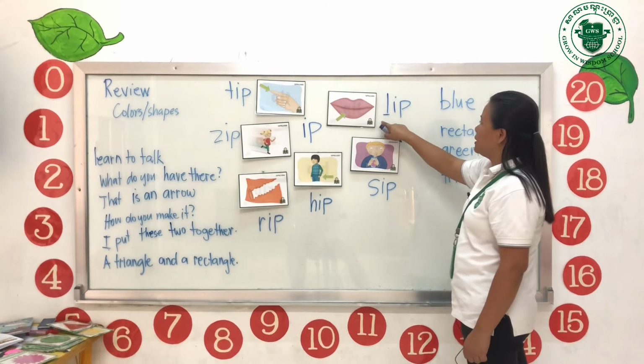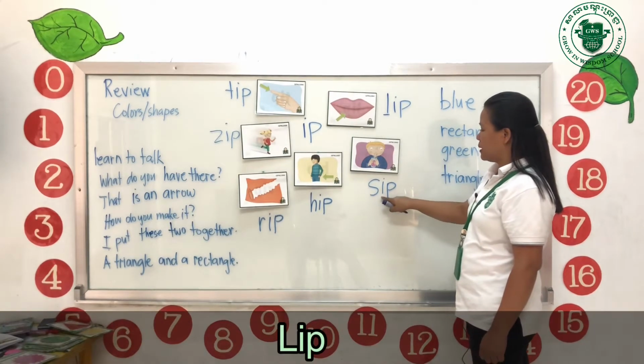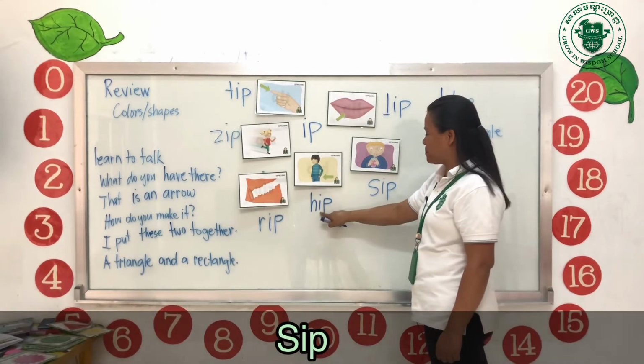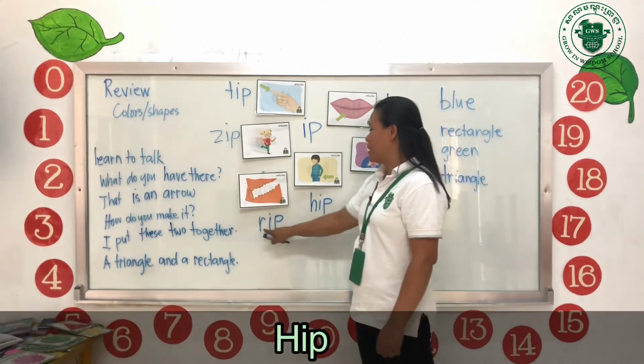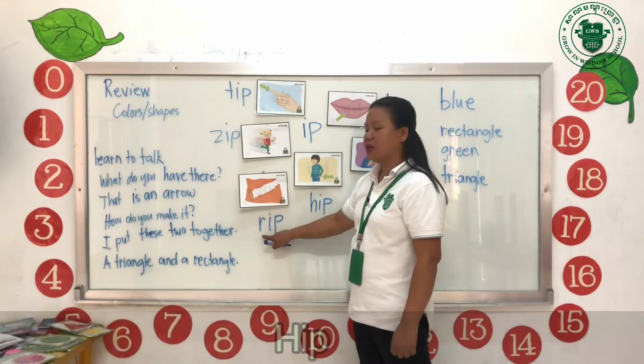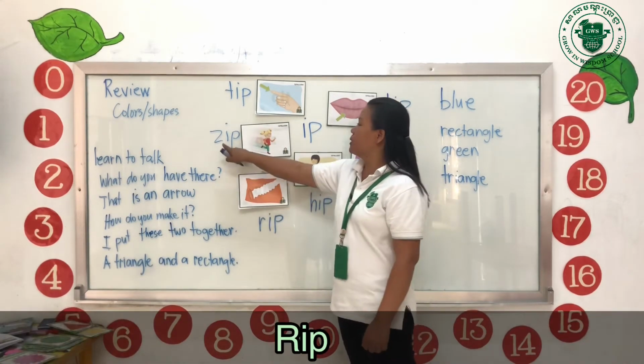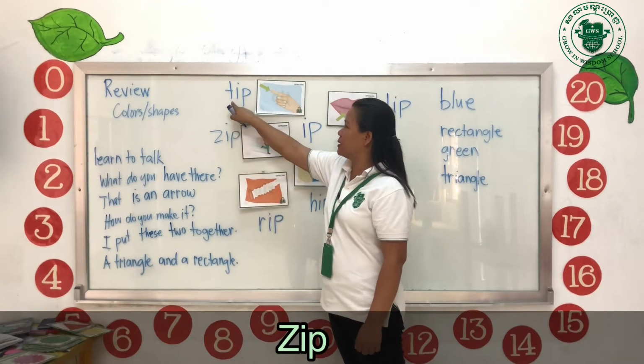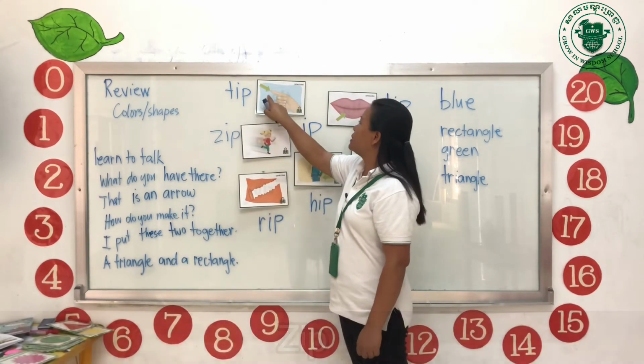Okay, can we repeat again? Ip, lip, ip, sip, ip, hip, ip, rip, ip, zip, ip, tip.